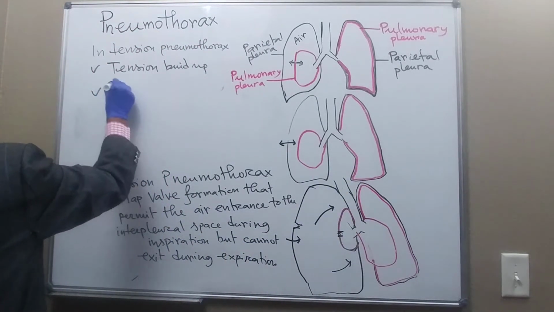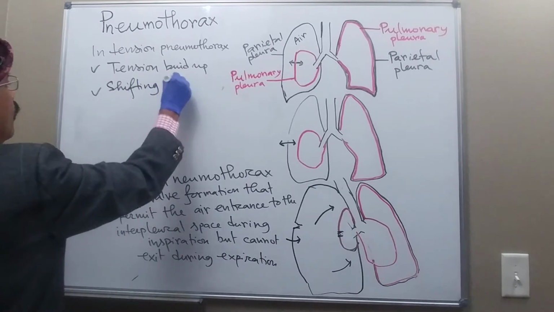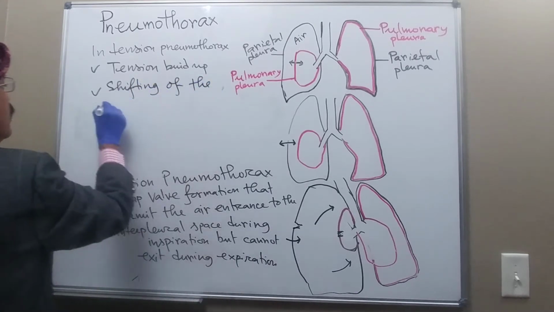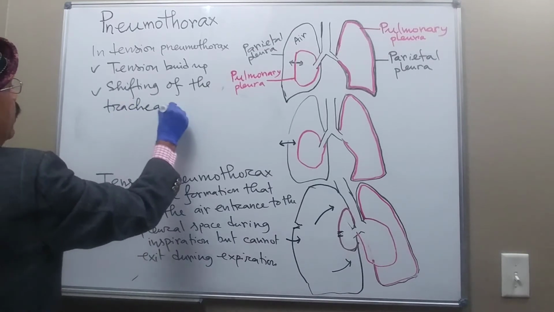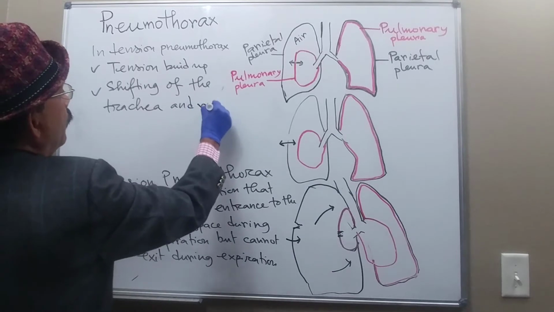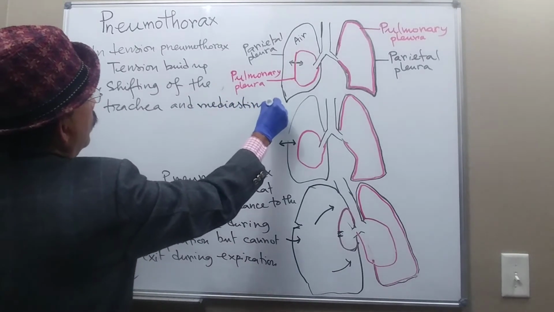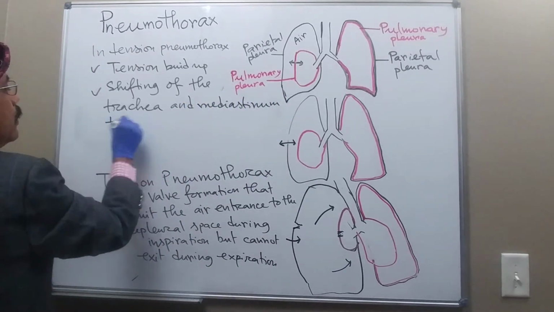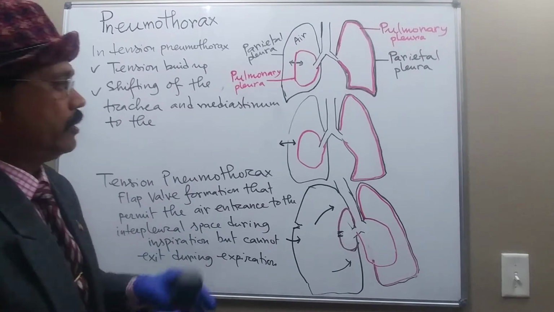Shifting of the trachea and mediastinum. Trachea is also a part of the mediastinum. Mediastinum goes to the contralateral side.